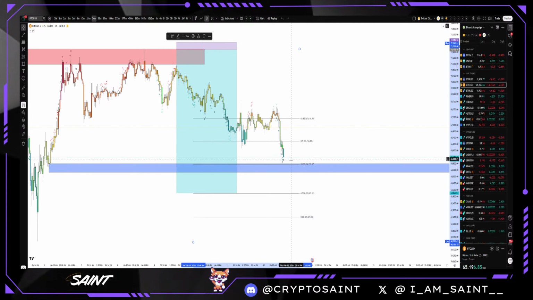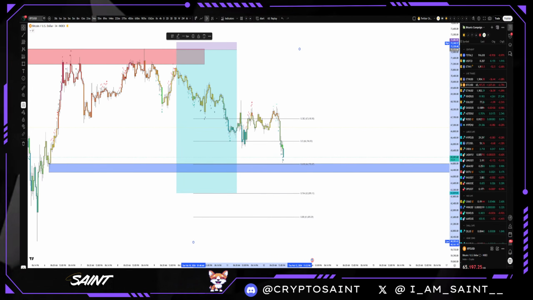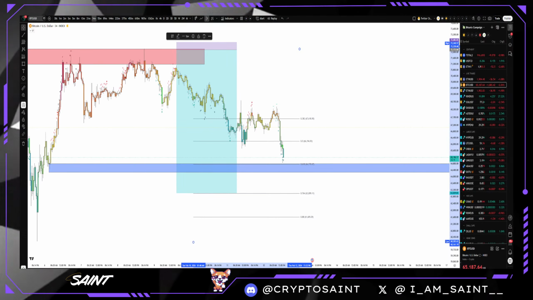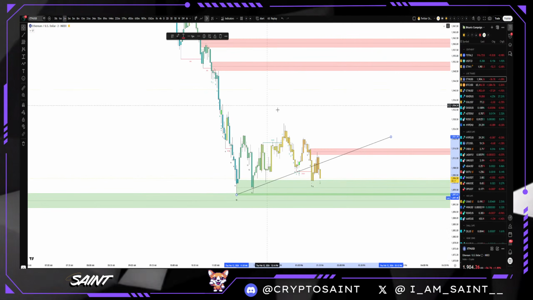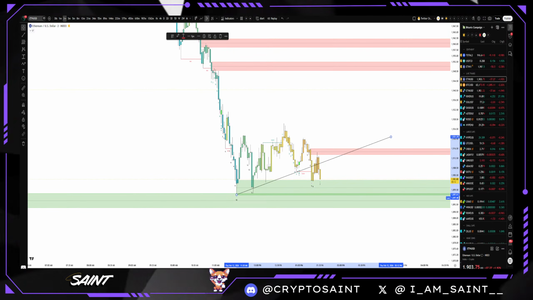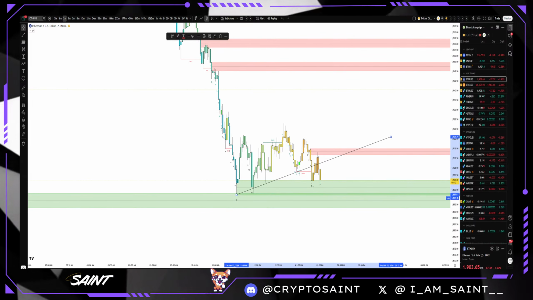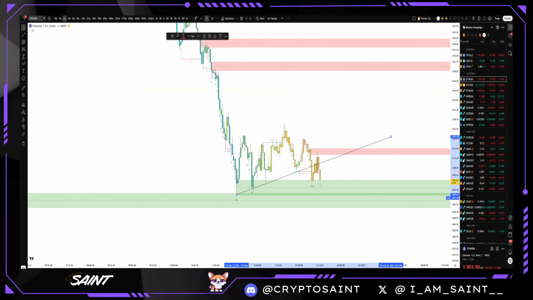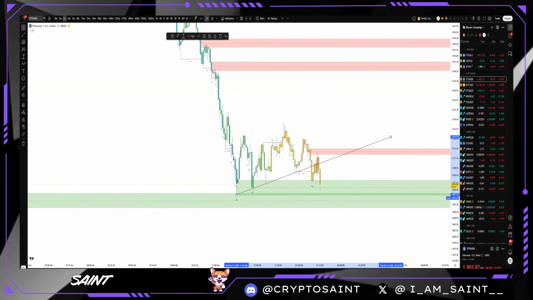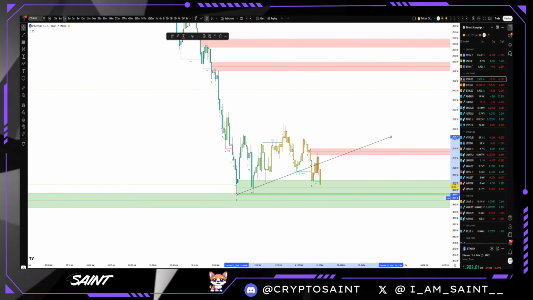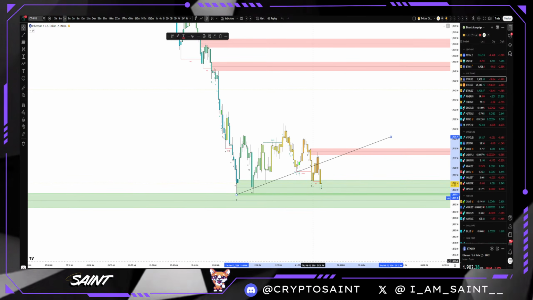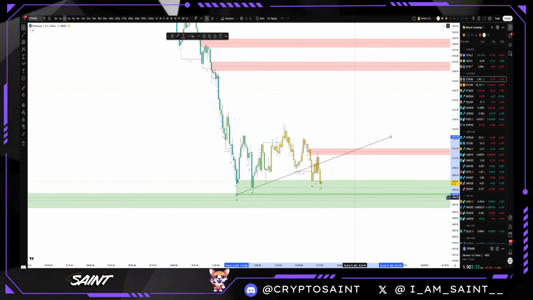BTC's on the struggle bus. BTC's getting to that lower level. $64,770 for BTC. And a nice break of structure there for ETH, 1902.